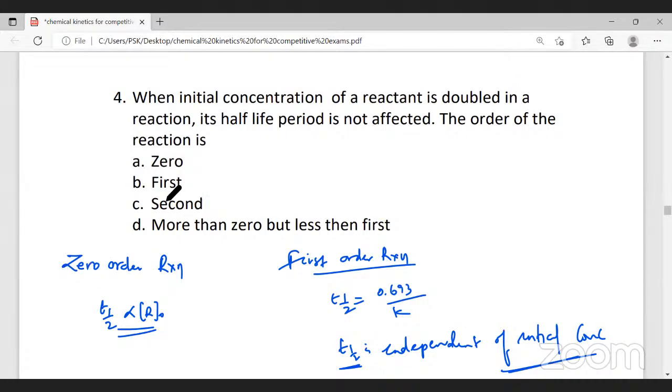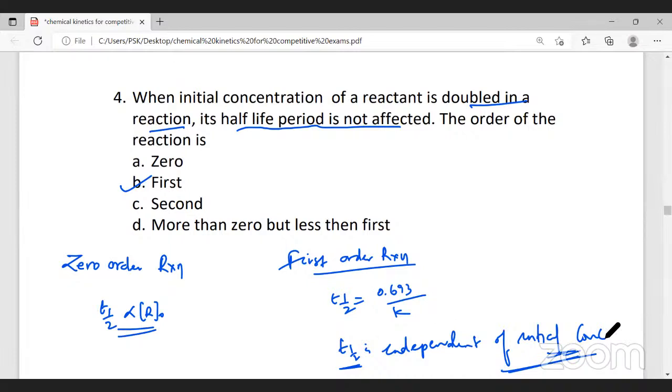So see the question: when the initial concentration of the reactant is doubled in a reaction, its half-life period is not affected. The order of the reaction will be what? A first order reaction. Why? Because the half-life period of a first order reaction is independent of initial concentration. It does not depend on the concentration.